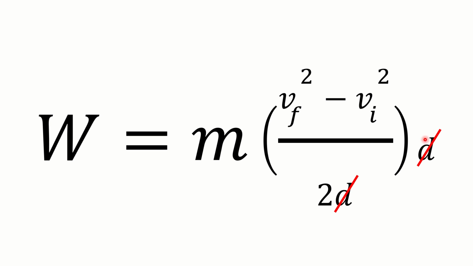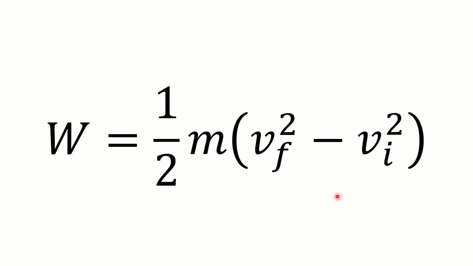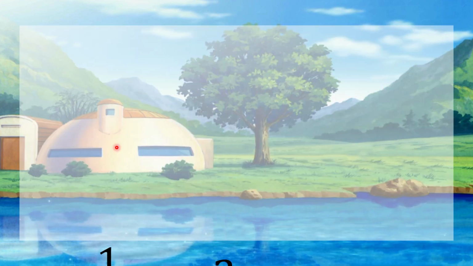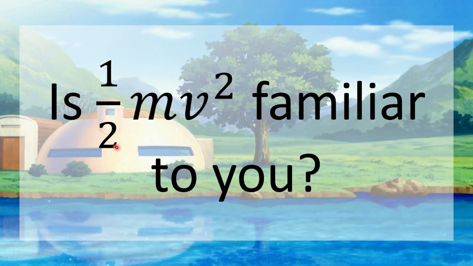Since we have a product of this quantity and the displacement, we can cancel the D. So if we simplify that, you have this one. Work is equal to the 1/2 m multiplied by the quantity of Vf squared minus Vi squared. Does this seem familiar? 1/2 mv squared?